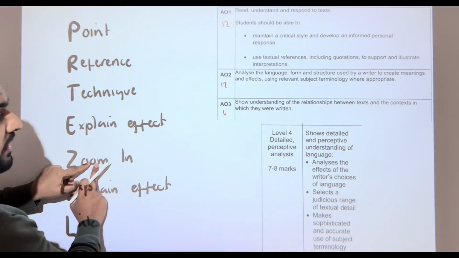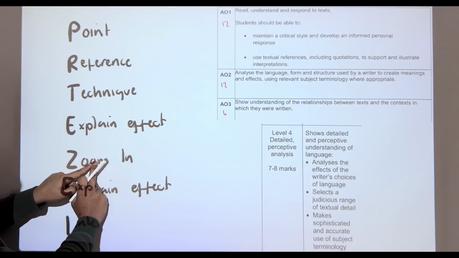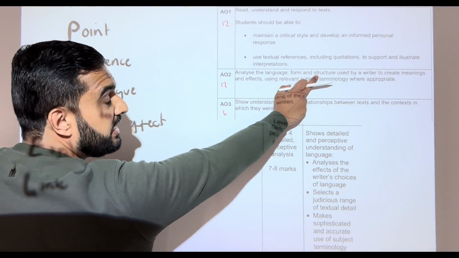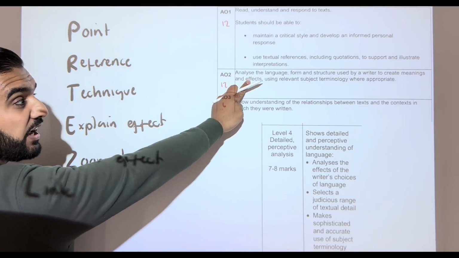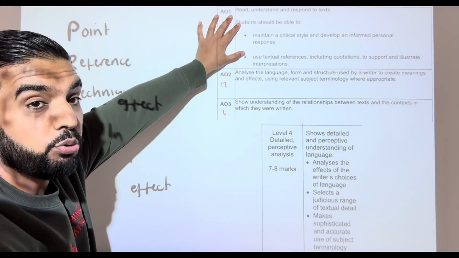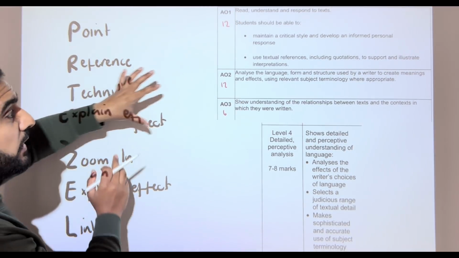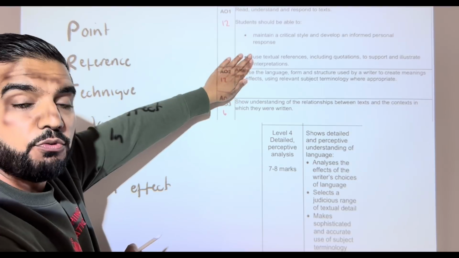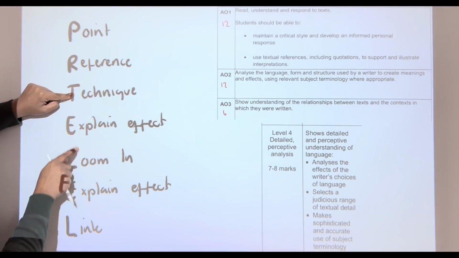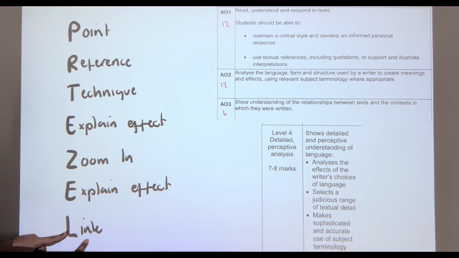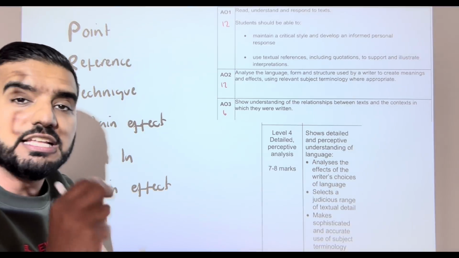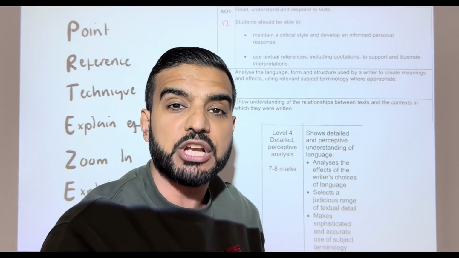That's over there. Then when we zoom in, we pick another technique and then we explain the effect. So AO1 is the point and the reference. AO2 is your language, structure, form and your effect. That's the TEZE part. And your link is just your waffle check. It's just to check that you haven't been talking nonsense.